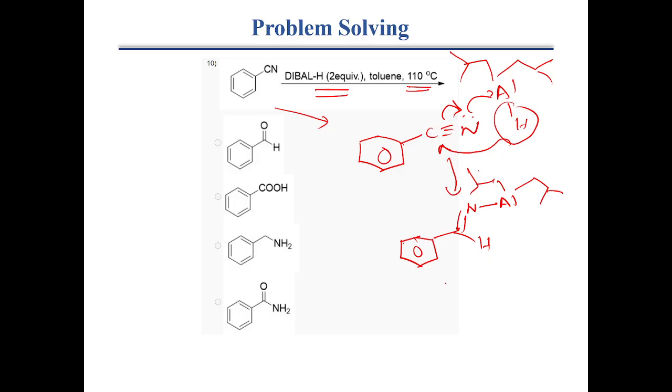I told that at minus 78 degrees centigrade this Lewis acid-base complex is stabilized. Now under water treatment, this gives aldehyde.